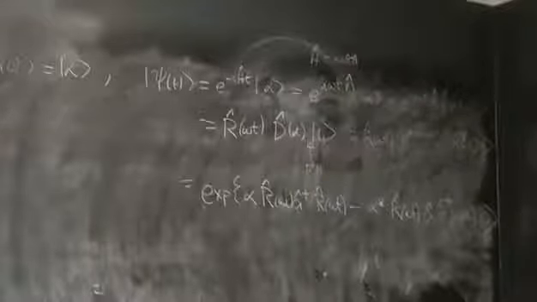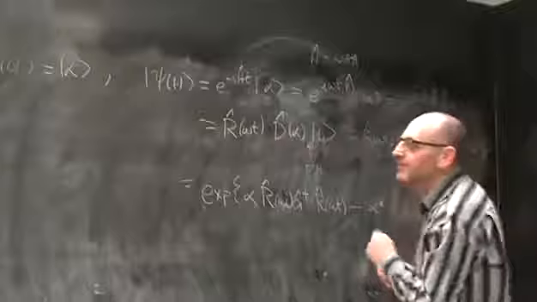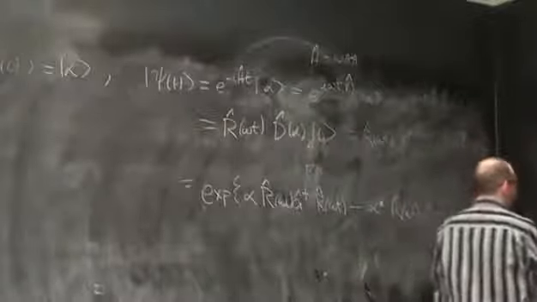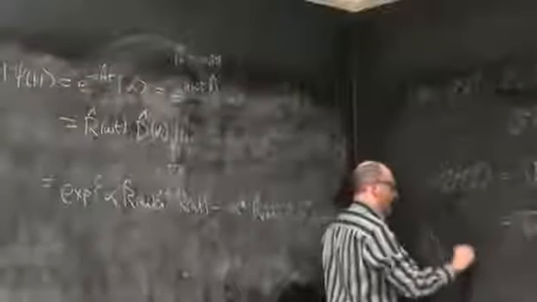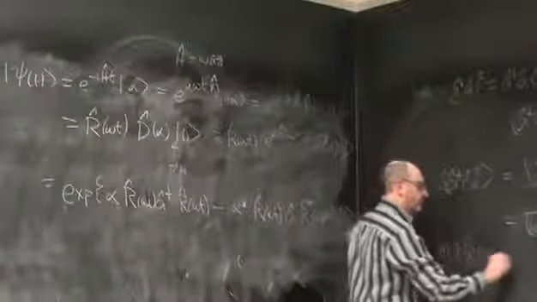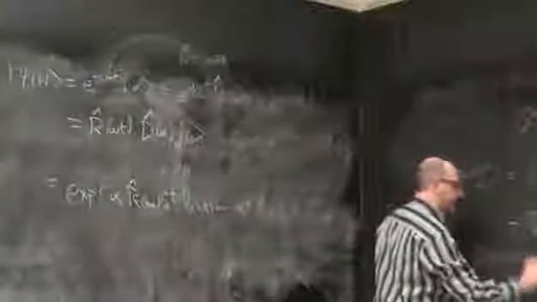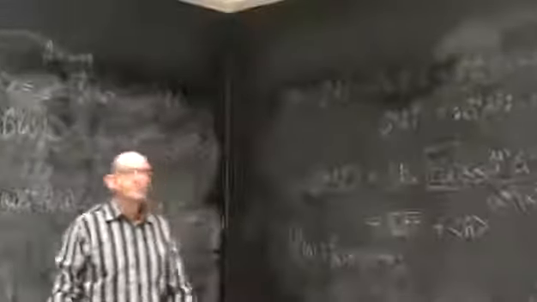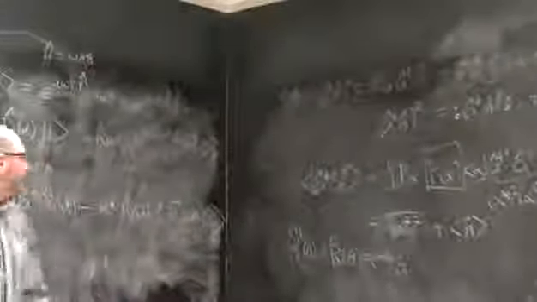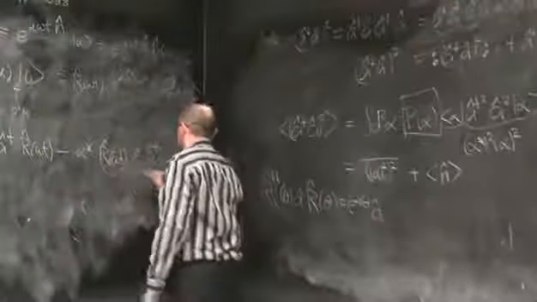Okay. Now what? Well, we know what the rotation operator is. It unfortunately was erased. What we had was that R dagger theta a R theta was e to the minus i theta a, right? So I ask you, what is this?